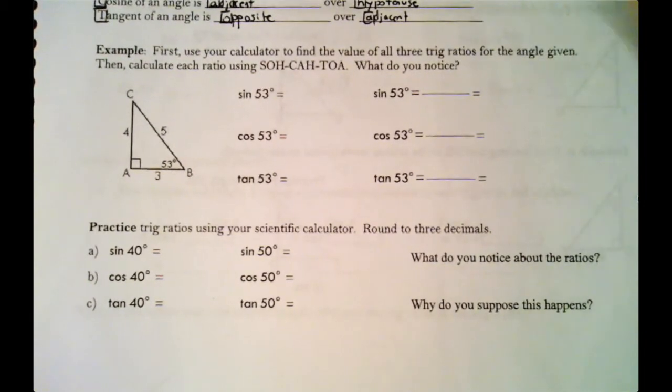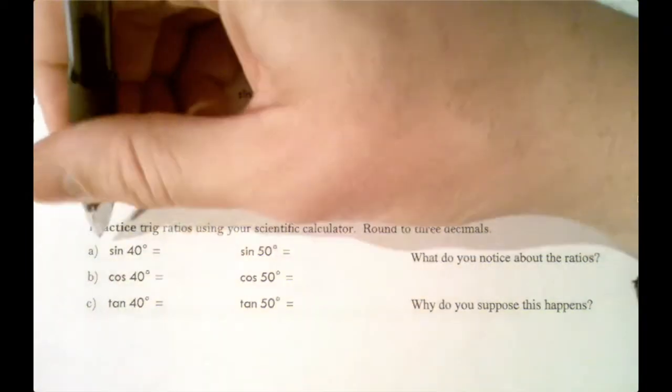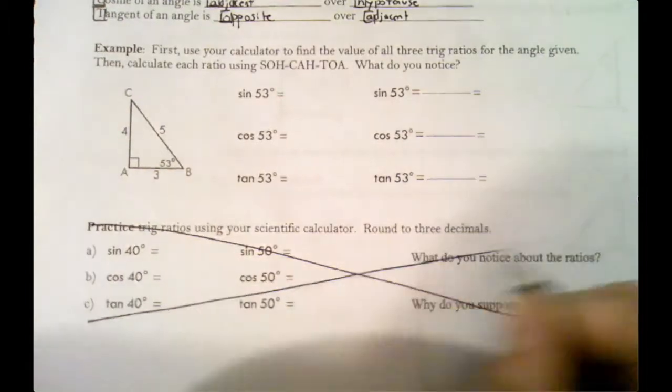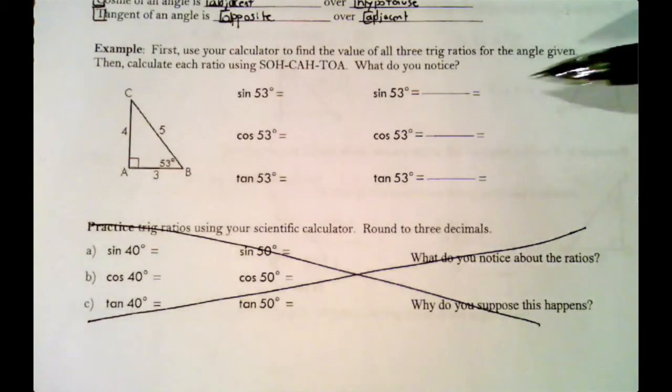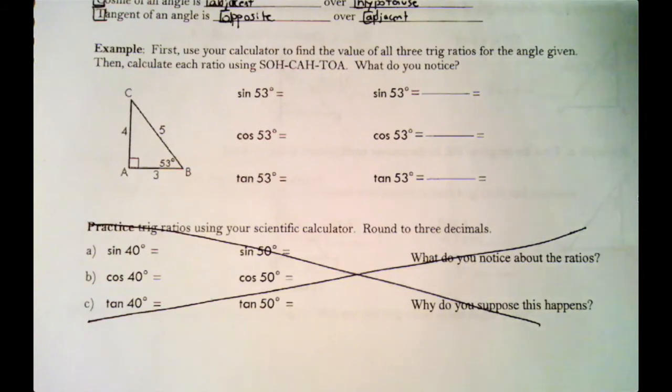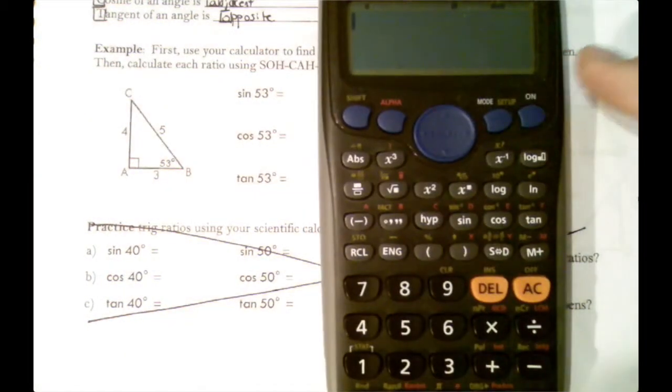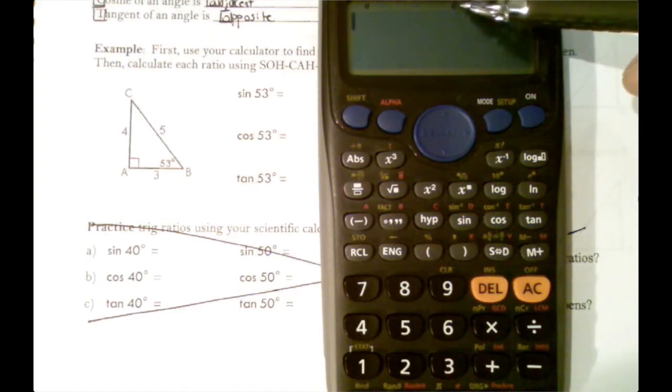So we're not going to do this practice at the bottom here. But what we are going to do is this example here. Use your calculator to find the value of the three trig ratios for the given angle. Well, sine 53. So in a calculator, we're going to make sure the mode at the top says D or DEG.